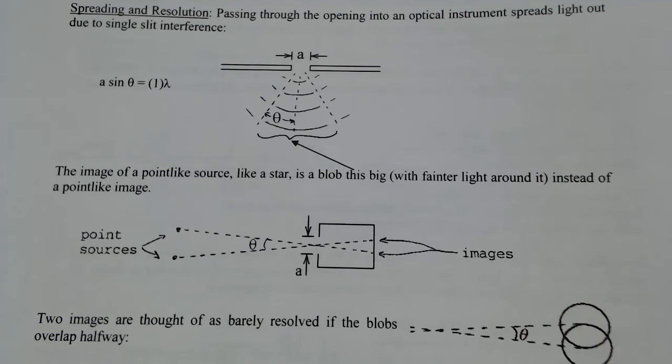A telescope, for example. So you buy yourself a little telescope and you look at a star and it's kind of fuzzy. And what could you do to make it sharper? Well, a good example to have in mind is a binary star, where you've got two stars that are very close together. The question is, how close can they be and you can still tell that it's two stars and not one?